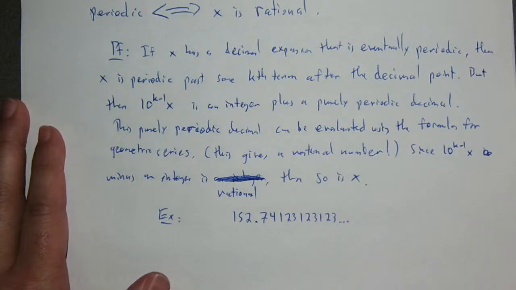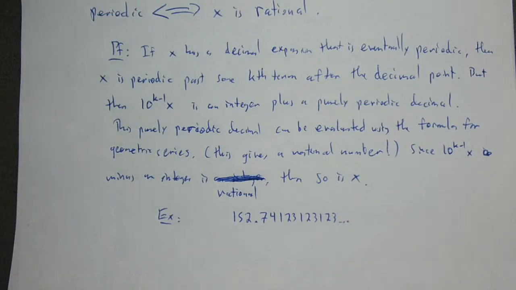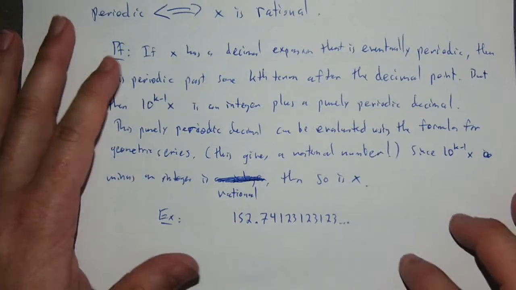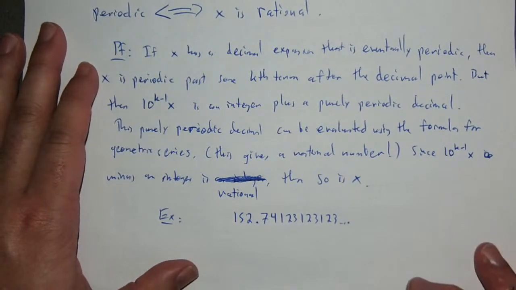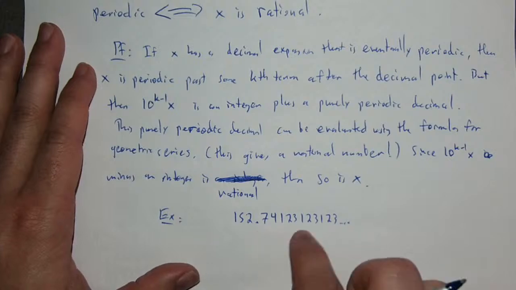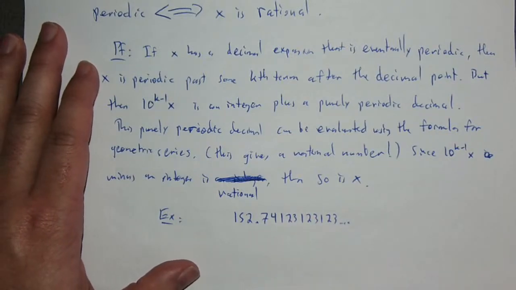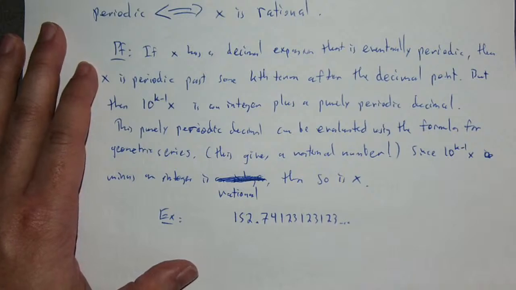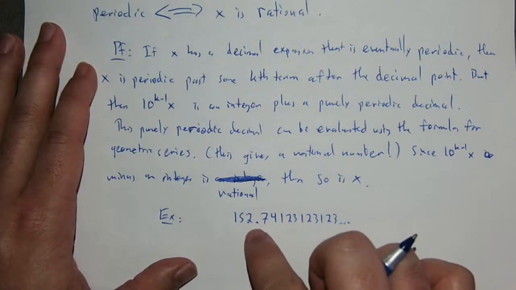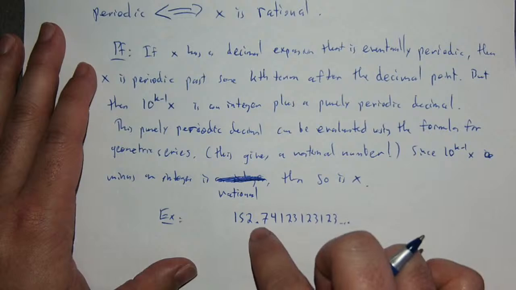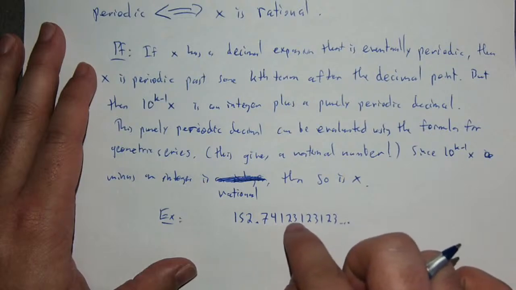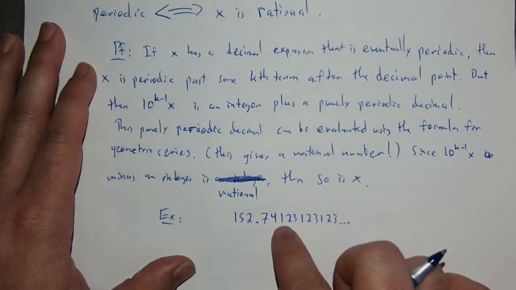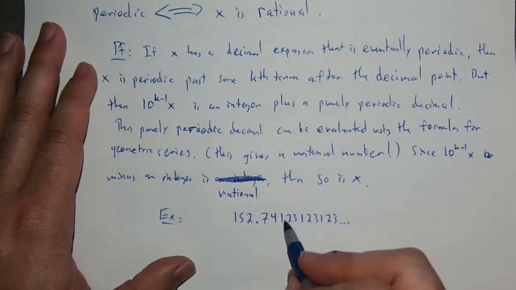Okay. So if you wanted to show that this was rational, what would you do here? So the idea is that you take this thing and you say, okay, this is an eventually periodic decimal expansion that starts repeating here, at the third place after the decimal.